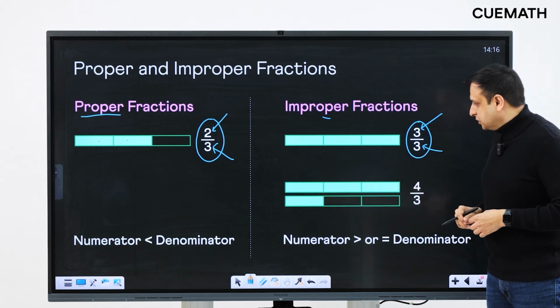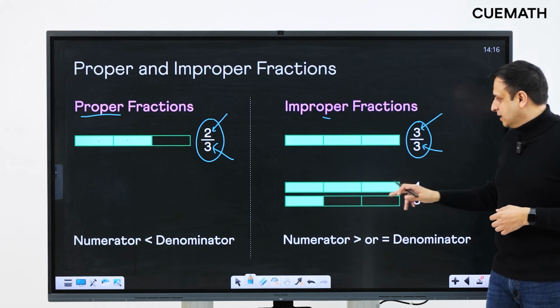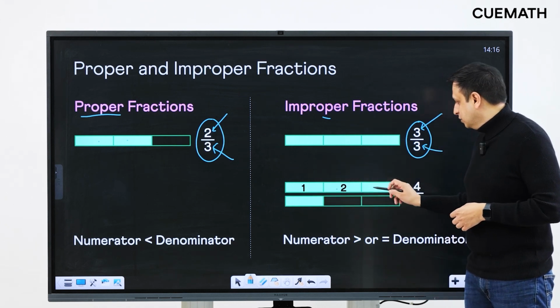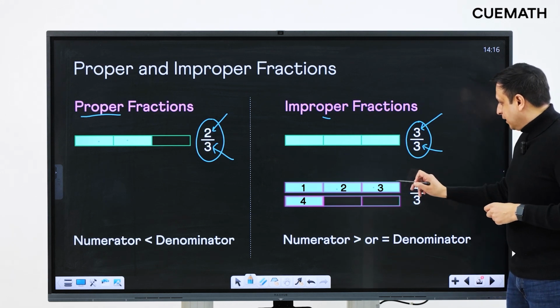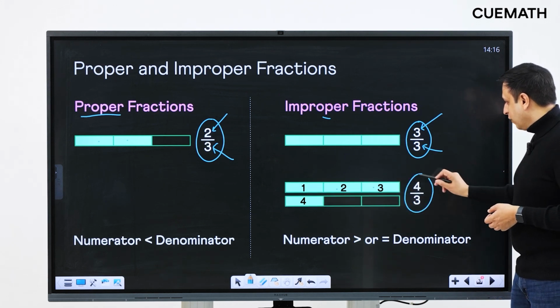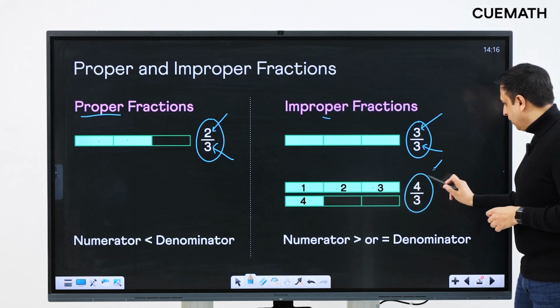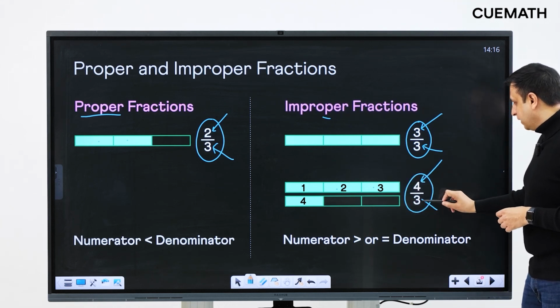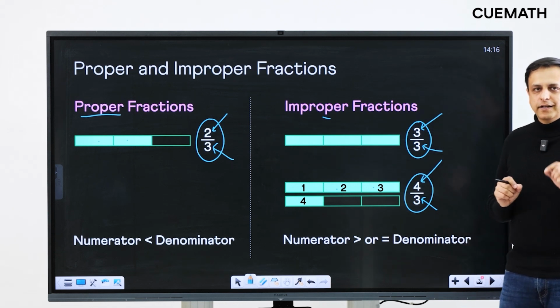Now take a look at this picture here which has 2 bars, 2 wholes, and each of those bars has been divided into 1, 2, 3 equal parts and 4 of those parts are shaded, and therefore the shaded region here represents the fraction 4 over 3. Once again this is an improper fraction because the numerator is 4, the denominator is 3 and the numerator is in this case greater than the denominator.